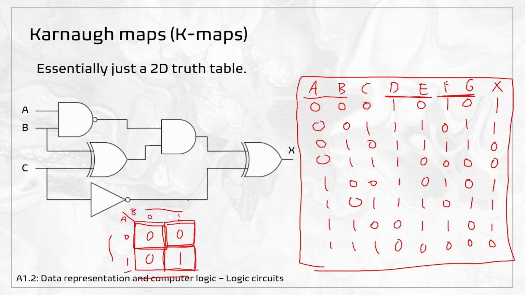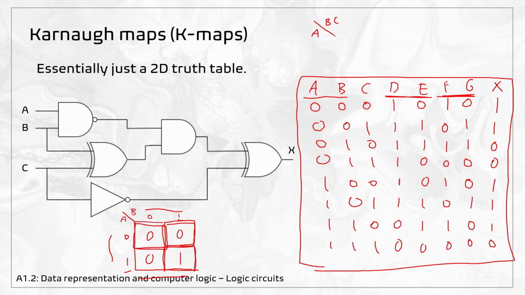Now to expand K-maps for 3 inputs, we need to think slightly outside of the box. Since we can't have a 3-dimensional map for the 3 inputs, we'll instead smush 2 inputs together. So it will look something like this. We can put A as the rows here, but instead of having just B or just C for the columns, we can put the inputs B, C as the columns instead.